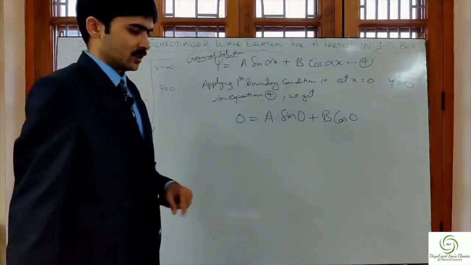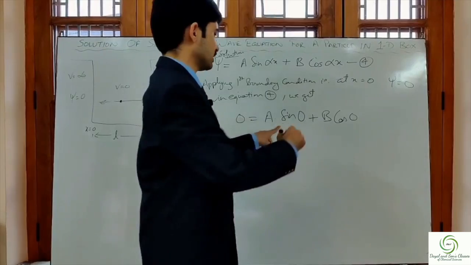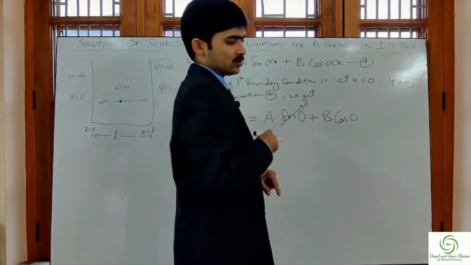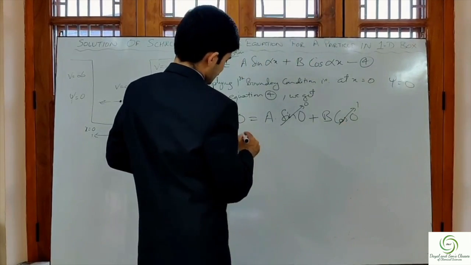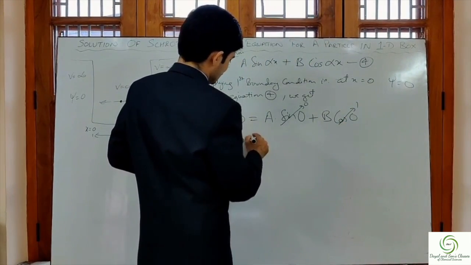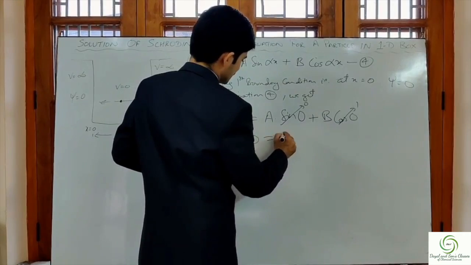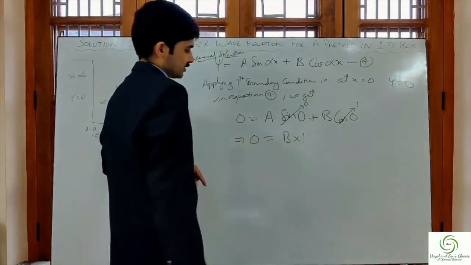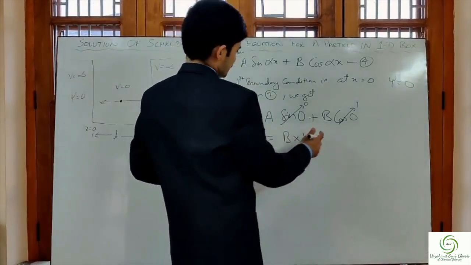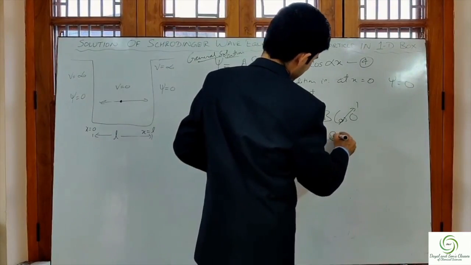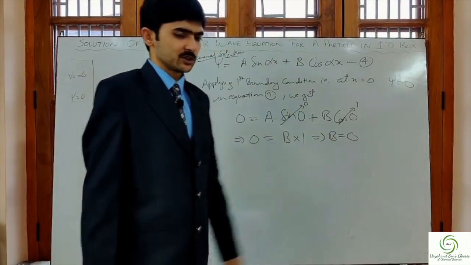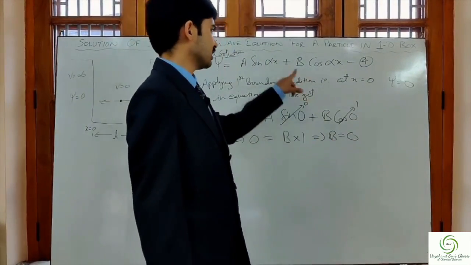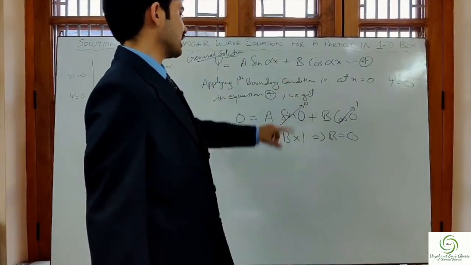Now we know sine 0 is 0 and cos 0 is 1. This implies 0 is equal to b into 1, so b is equal to 0. Now we substitute this value of b in equation number 4.